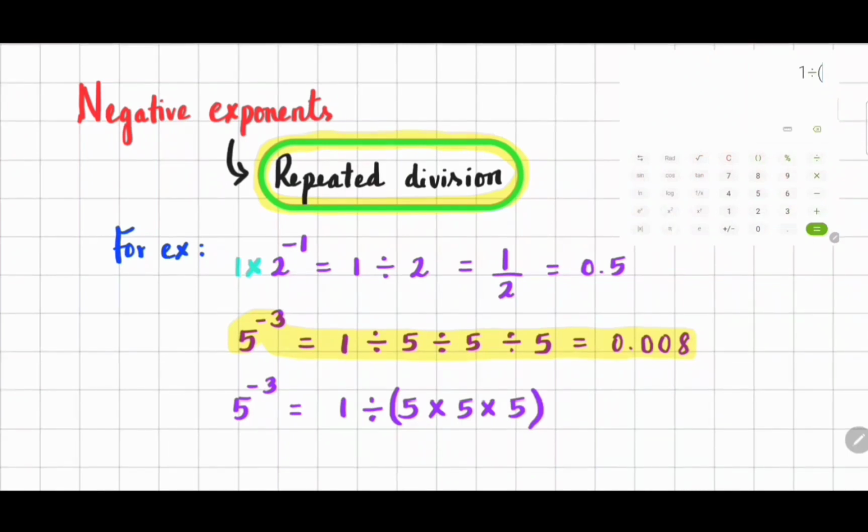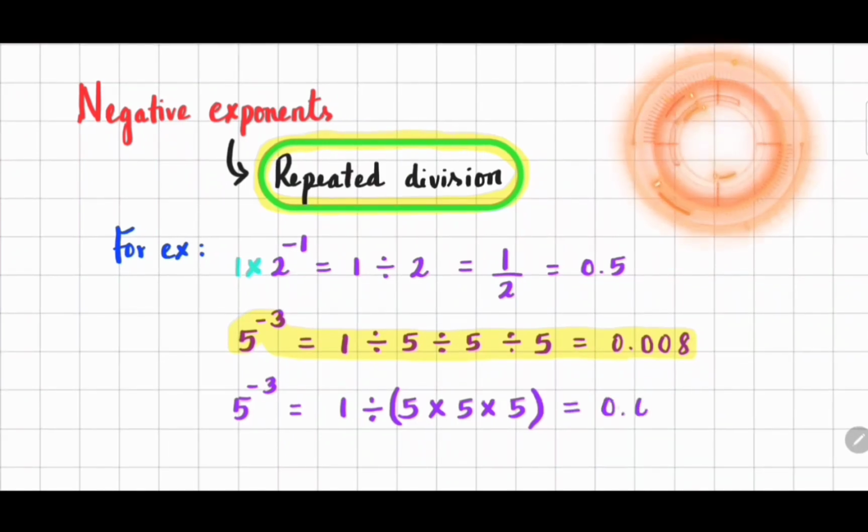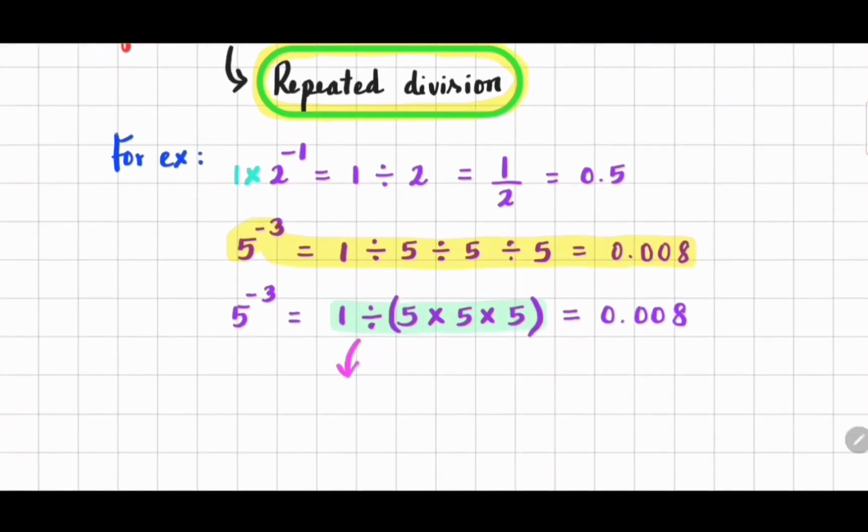Again, with the help of calculator, we get the same answer, 0.008. So this means 1 divided by 5 times 5 times 5, which equals 1 divided by 5 power 3. We can understand from that 5 power minus 3 can be written as 1 divided by 5 power 3.